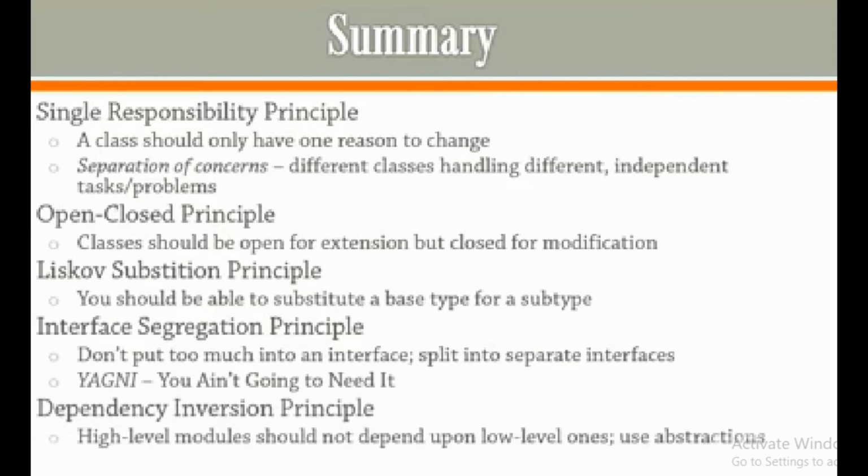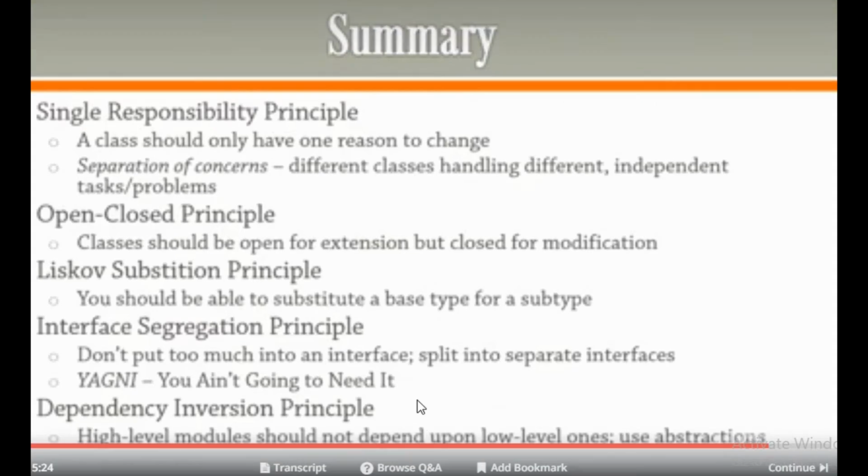The last principle that we looked at is the dependency inversion principle, and here the idea is simple: high-level modules should not depend upon low-level modules, and you should use abstractions where possible. If you have implementation details, you shouldn't expose those details directly.